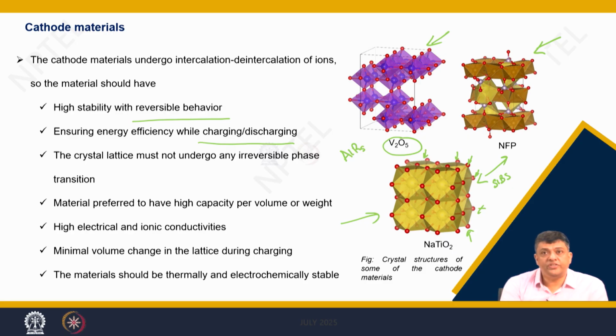You can have structures which are very stable. These crystal structures are very stable. So, you can have stable phases, that means the materials can remain stable for a large number of electrochemical cycles, meaning that the batteries can undergo a large number of charging and discharging cycles.